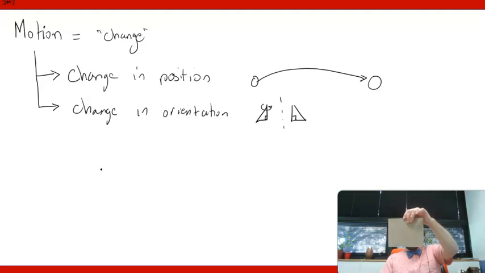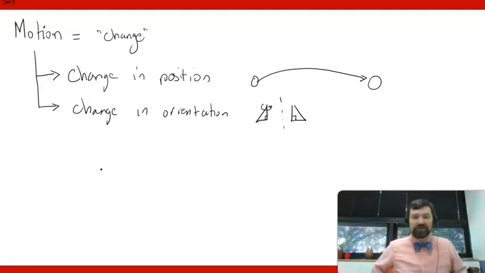No, not really. It's still in the same basic position that it was when I started, plus or minus the wobbling of my hand. But we've clearly changed the orientation. You have the flat, dull cardboard face facing you here. You have the colored face with some pattern facing you here. There has been a change in motion here. That's what I mean by change in orientation.